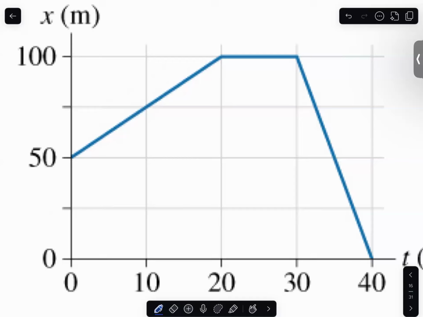What are we on? E already? F. Everyone, real fast, quick like a bunny. At time 22 seconds, I'm located at x equals 100 meters. Super fast.